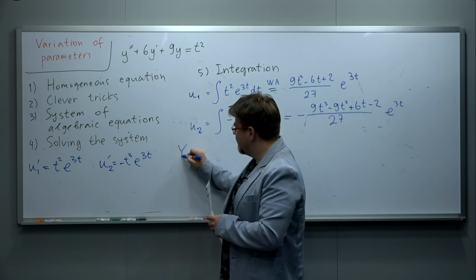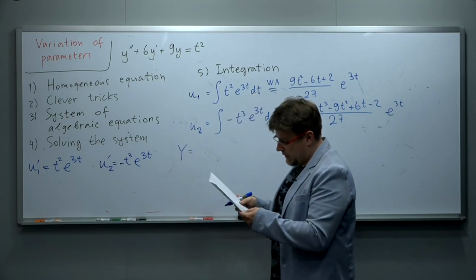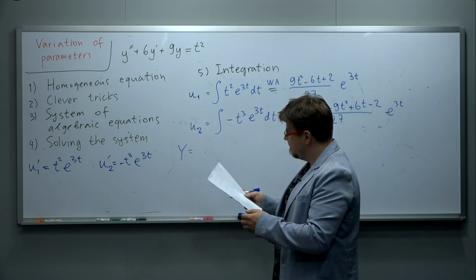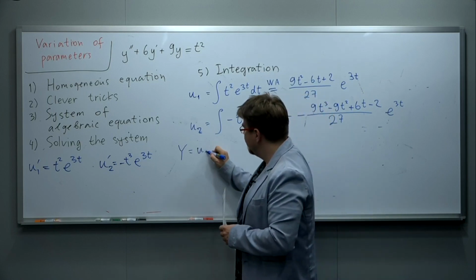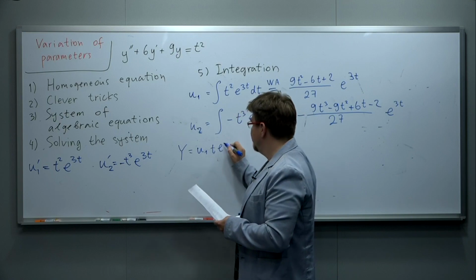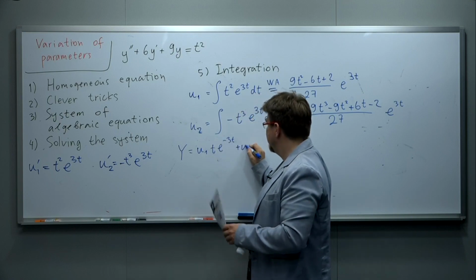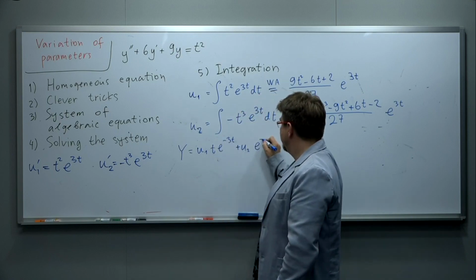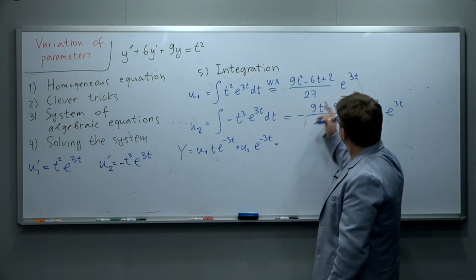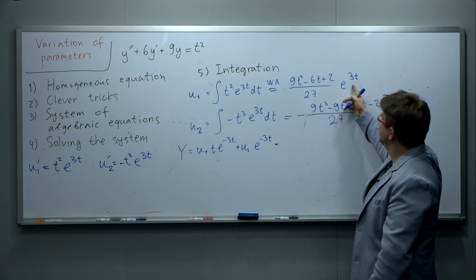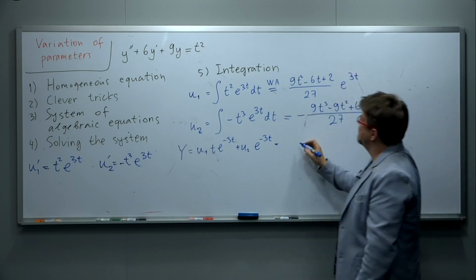So the final answer is going to be u1 times t e to the minus 3t plus u2 e to the minus 3t. Right, so here is our u1 times e to the minus 3t. This just disappears.